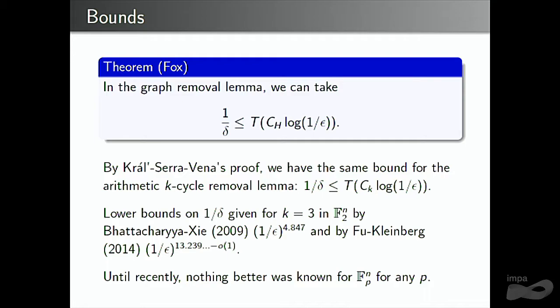But until recently, nothing better was known for F_p to the n. So now it looks like the situation here is even worse, because now we don't even have a superpolynomial lower bound. We just have a polynomial lower bound, and then for an upper bound, we have this tower-type function.